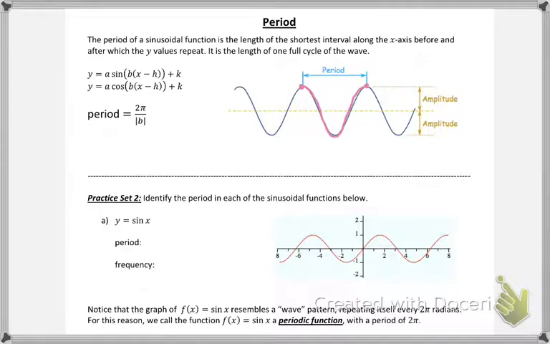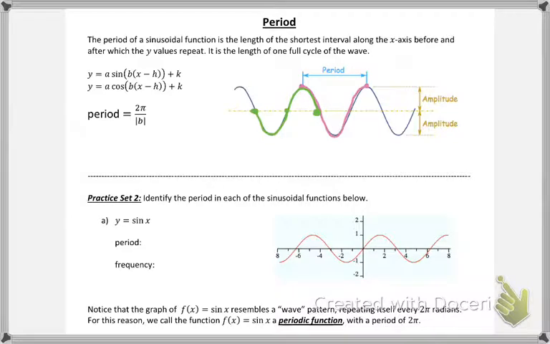For example, if I start here, right, I go down, I come back up, and even though I hit this same point again, my graph doesn't repeat yet, right? It keeps going up, and it doesn't repeat until it gets to this point right here, where it starts to go down again.